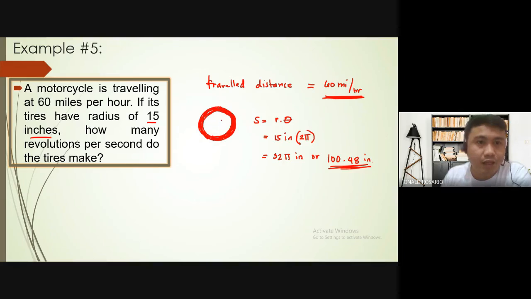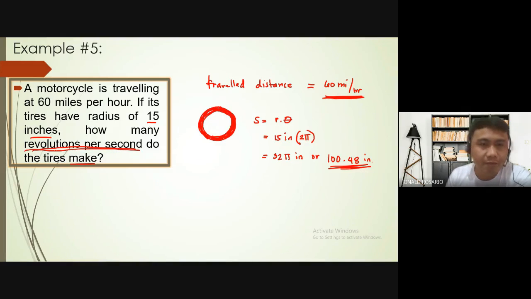Okay? Ang tanong dito, how many revolutions per second do the tires make? That's the question.